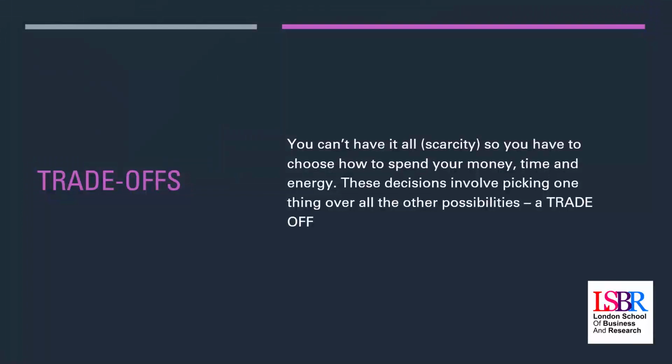Now, these are me looking at them from an individual perspective, but businesses have the same decision to make. Businesses also have scarce resources. If they're choosing to recruit me, chances are they're making a decision elsewhere not to recruit someone else, or they're making a decision somewhere else not to invest in a different area of the business.